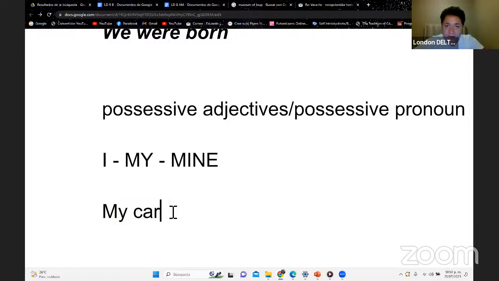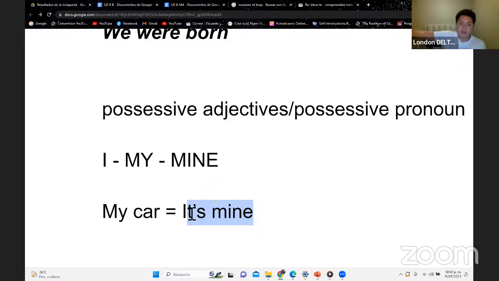But I can replace all this and you can say also, it's mine. Entonces, cuando tú dices it's mine, estás diciendo es mío, pero ya no estás diciendo que es tuyo, ¿verdad? Entonces, cuando utilizas it's mine, se entiende que ya sabes de qué hablamos, right? Pero yo te lo puedo señalar, right? It's mine. What you are seeing at that moment, that is the car, it's mine.